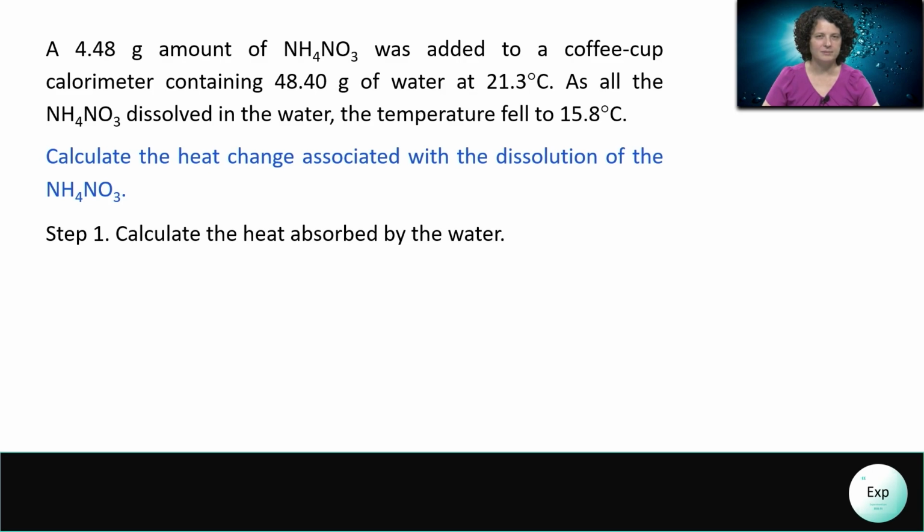And step 1 would normally be calculate the heat absorbed by the water. Here, the heat is not absorbed by the water, but rather released.